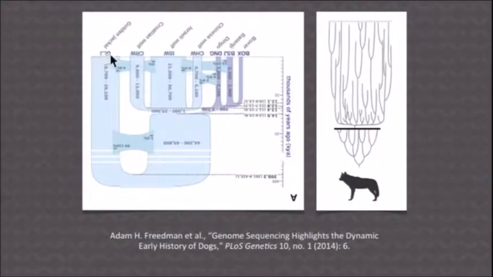And they put this diagram in the paper. By the way, that diagram is very, very similar to this diagram that creationists propose based upon the creation account in Genesis. In other words, you have a common dog ancestor that gives rise to the different species of dogs, and that's exactly what we're saying here.